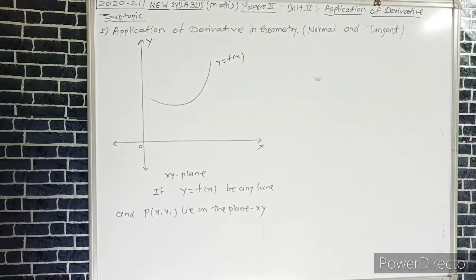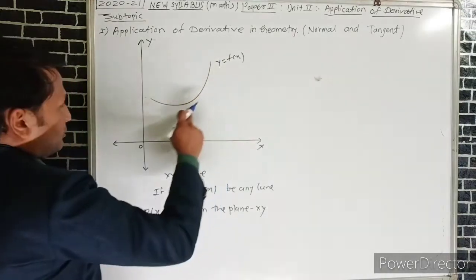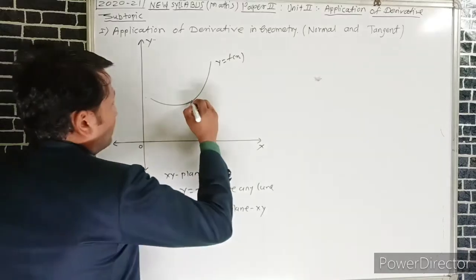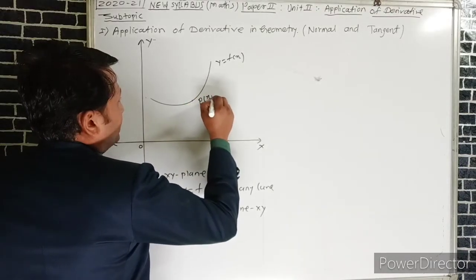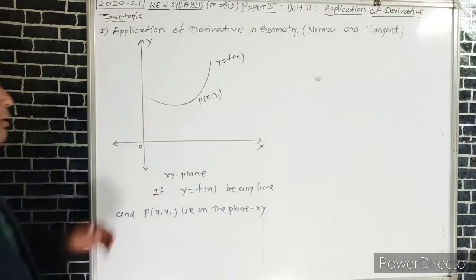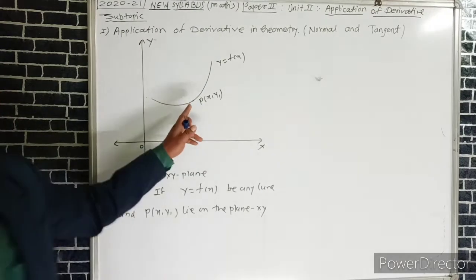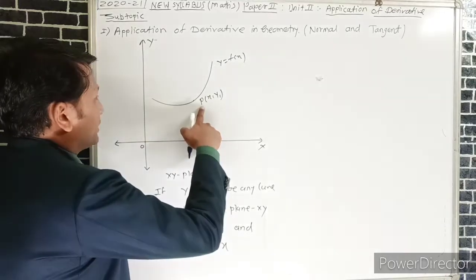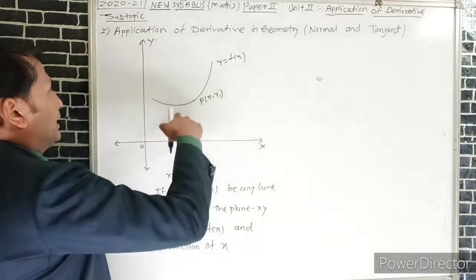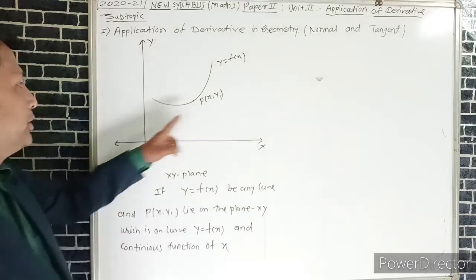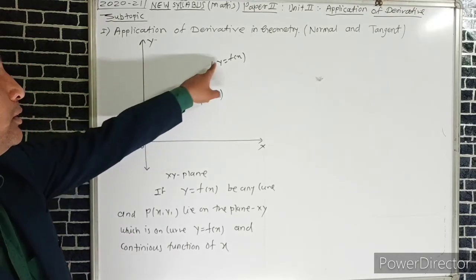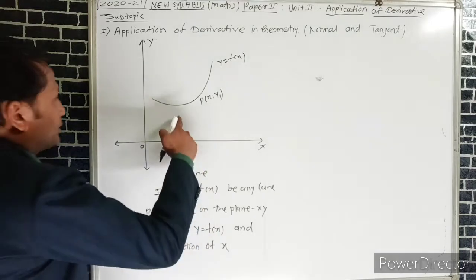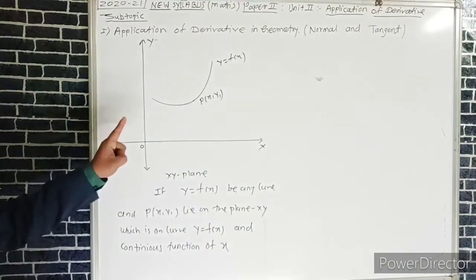It means that point P (x1, y1) lies on the curve, in the xy plane, on the curve y equals f of x. And this function is also continuous at point x.